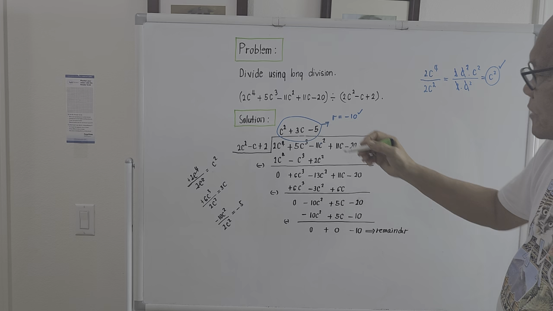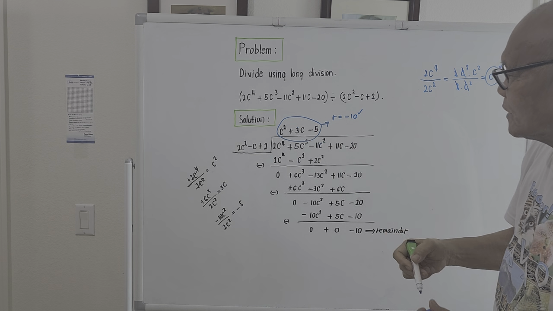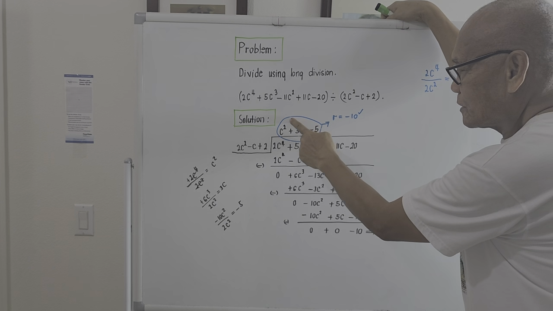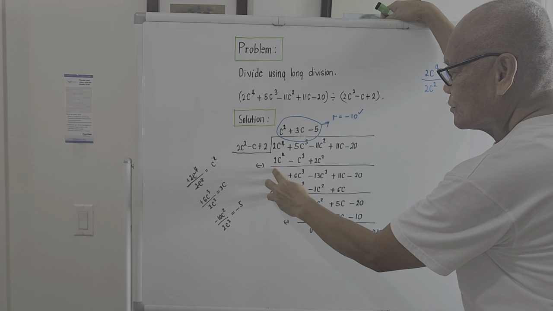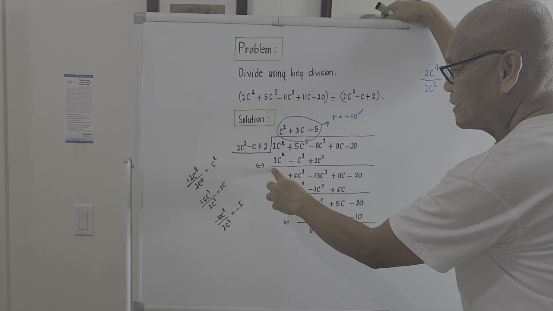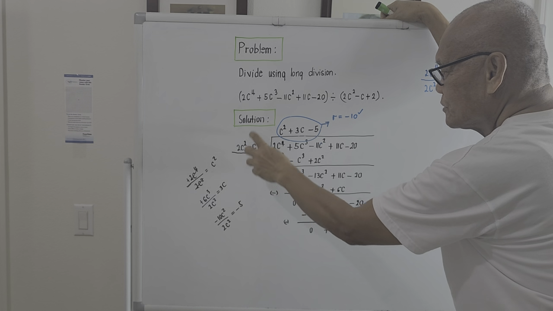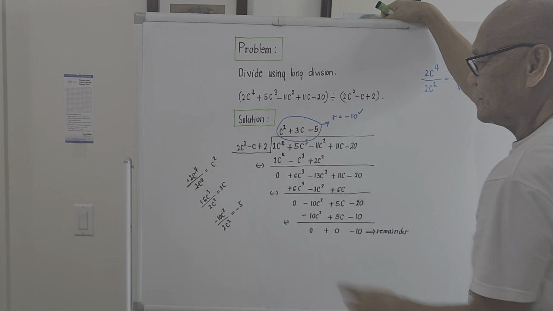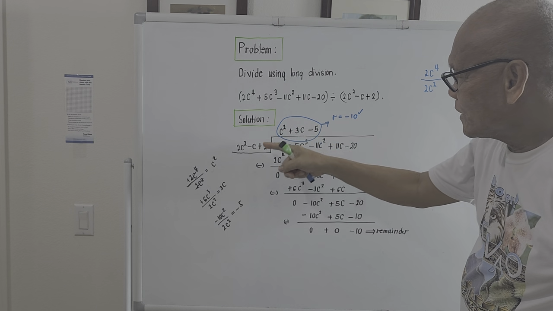So if we now write the first partial quotient, c squared, then we'll try to distribute. C squared times 2c squared will be 2c to the fourth, right? The coefficient will be 2, and c squared times c squared will be c to the fourth. Next one, c squared times minus c.